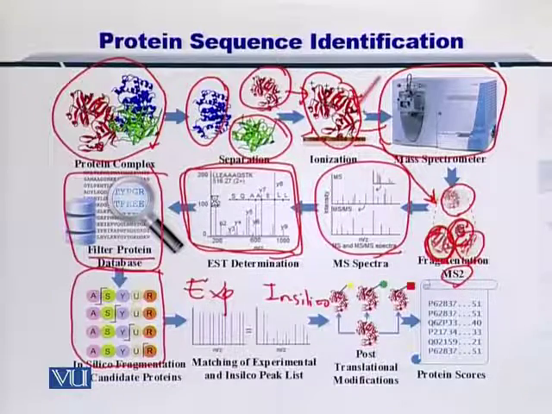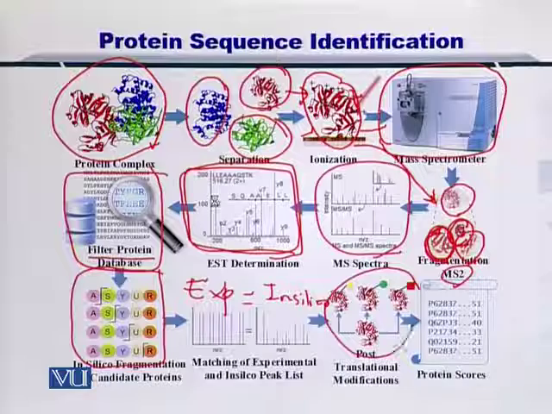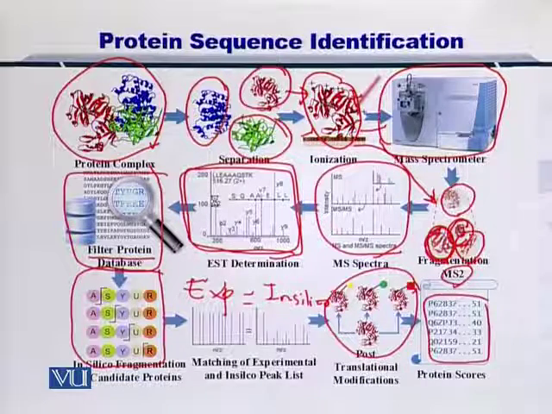This comparison can tell you which protein has the most matching peptides with the experimental data. Then you can list them and find out which post-translational modifications may have been there in the sample. And in the end, you can score the entire protein list, and the one with the highest score or the one with the highest number of matches may just be the protein that is there in your sample.